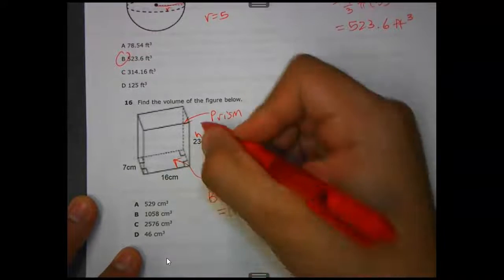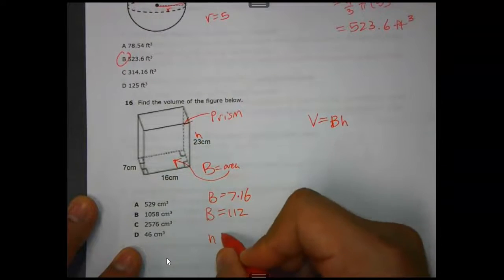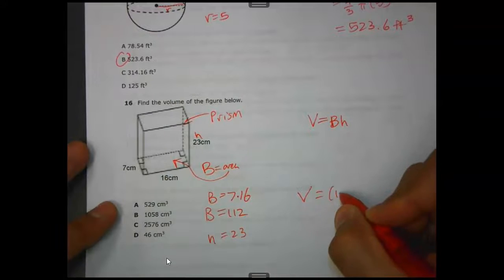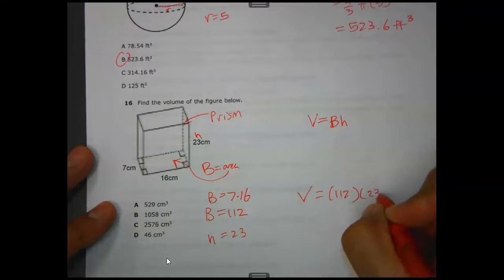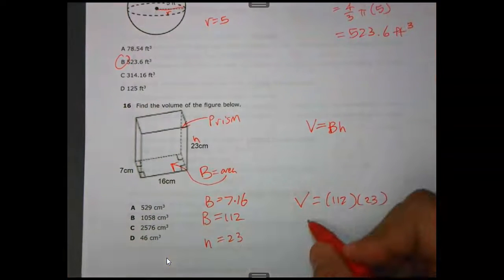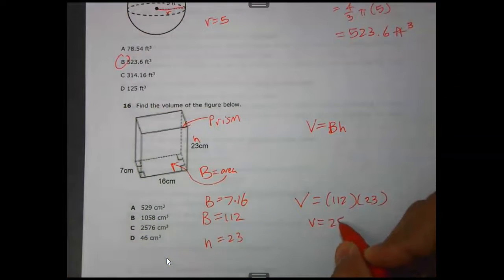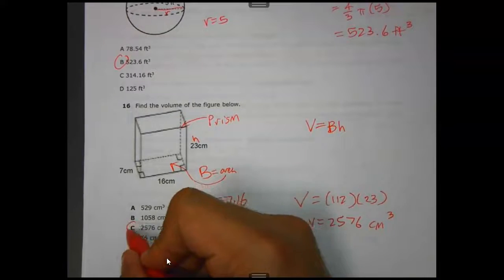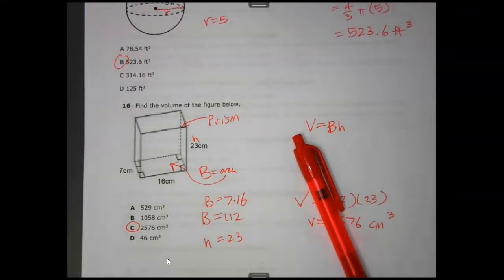The height is over here, which is 23. So all I got to do is 112 times 23, and we get 2,576 centimeters cubed. And that is the review.